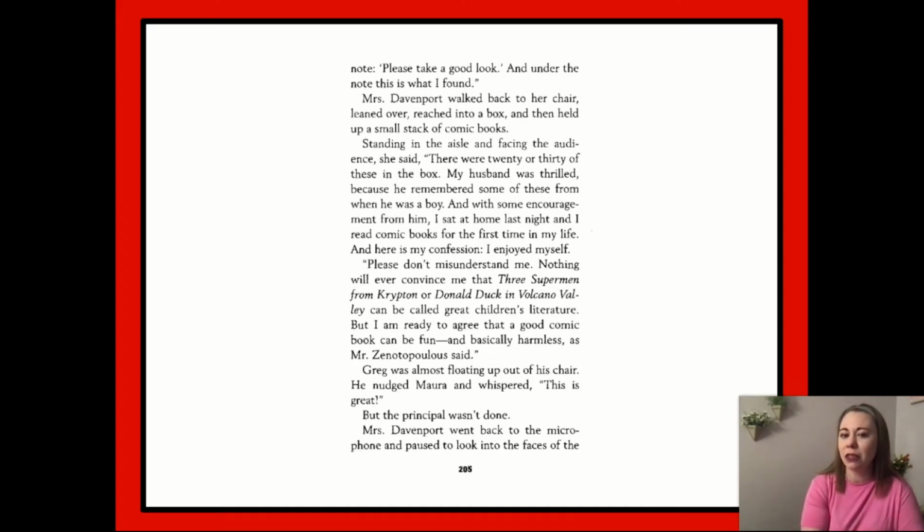Mrs. Davenport walked back to her chair, leaned over, reached into a box, and then held up a small stack of comic books. Standing in the aisle and facing the audience, she said, "There were 20 or 30 of these in the box. My husband was thrilled because he remembered some of these from when he was a boy. And with some encouragement from him, I sat at home last night and I read comic books for the first time in my life.